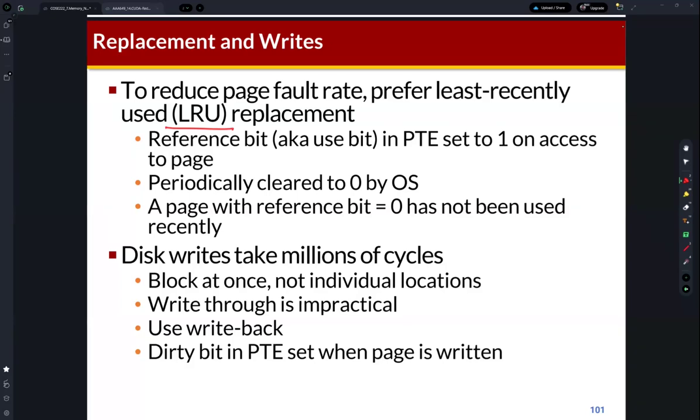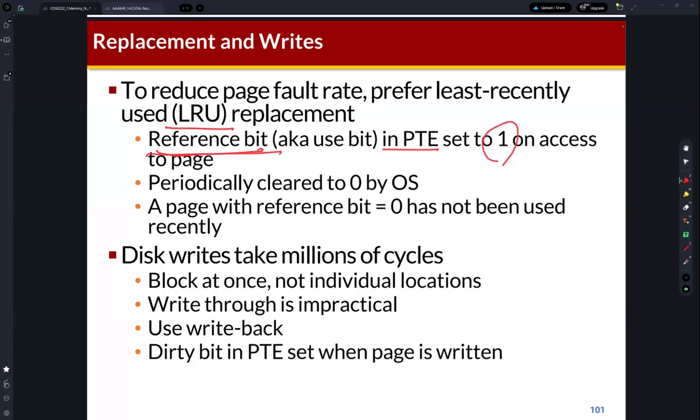But it's very expensive. So the operating system manages the page table with a reference bit. If a certain entry of the page table is accessed, the operating system sets the reference bit to 1.